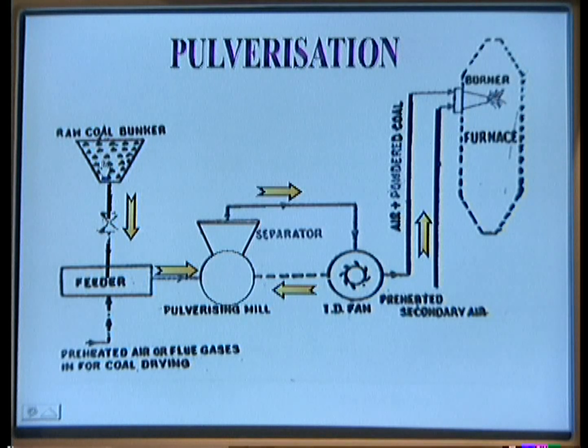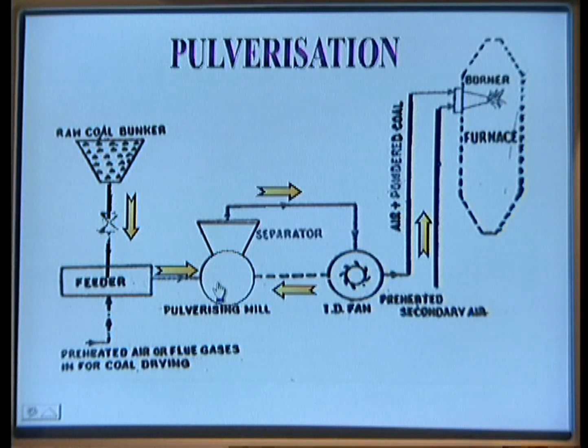This coal is passed through the magnetic separator, where it separates pyrite and tramp iron. Next, it is passed through the dryer, where it dries the coal. Afterwards it is passed to the feeder, and from that the required coal is passed to the pulverizing mill, where the coal is formed into powder form.